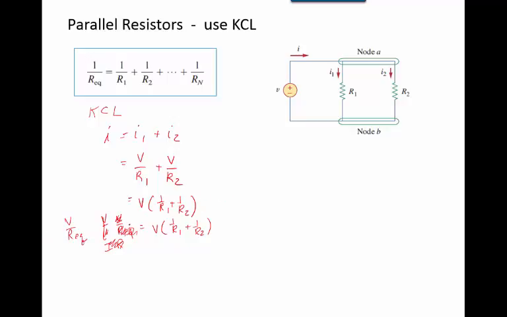Then you cancel out the V's. 1 over R equivalent equals 1 over R1 plus 1 over R2. And if there's many resistors, it's pretty easy to see that it would extend itself. There's a shortcut when there's only two resistors: you have 1 over equivalent resistance, total resistance, equals 1 over R1 plus 1 over R2.